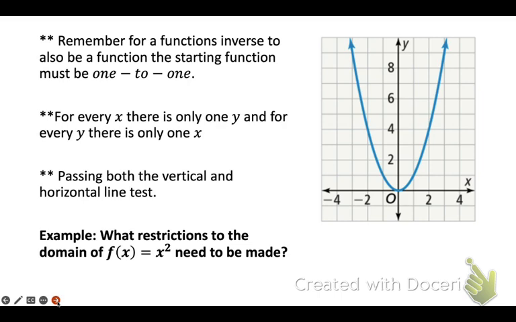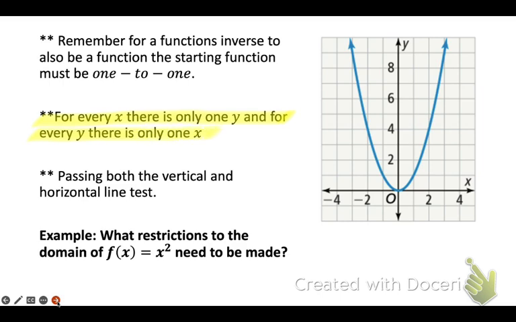And 1 to 1 means for every x, there is only one y, and for every y, there is only one x.